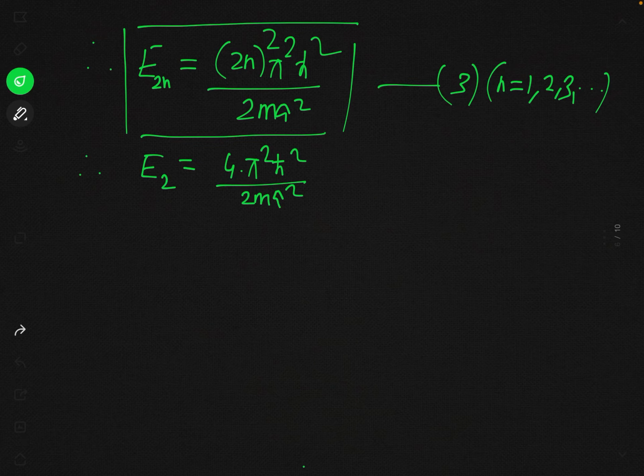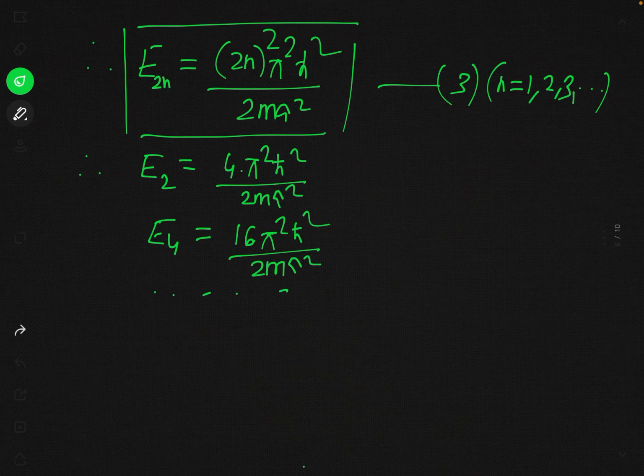And similarly, when we take n equal to 2, then we will get E4, and that E4 will be equal to 16 pi square h bar square over 2ma square, and so on.